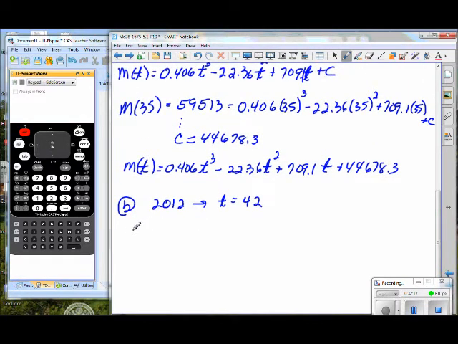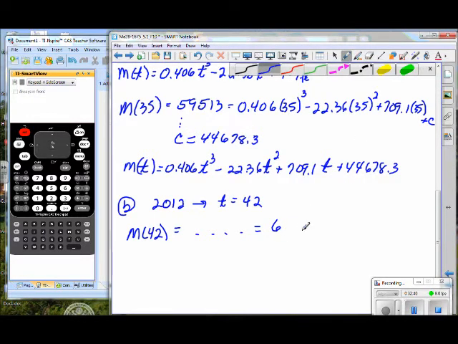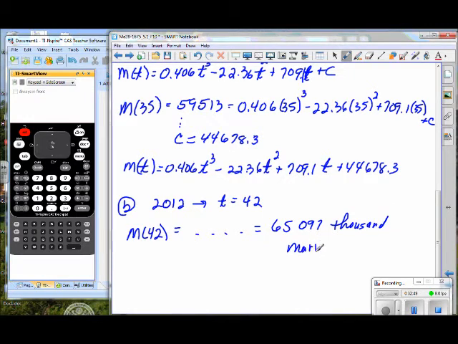So now we just need to use this, and we have m of 42 equals, and I'm just not going to go back and replace that. You can do that, put 42 in and cube it, put 42 in and square it, put 42 in, and we end up with an answer of 65,097,000 married couples.